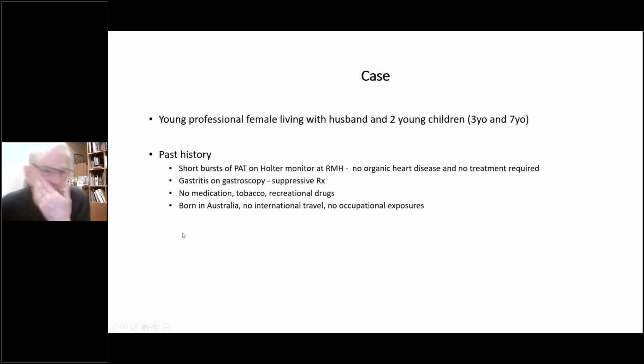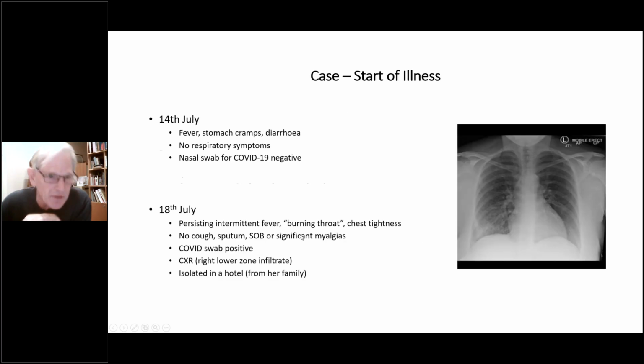The case is a young professional living with a husband and 2 children, one of whom is disabled, and she had a past history of short bursts of atrial tachycardia, gastritis, really nothing else of significance.